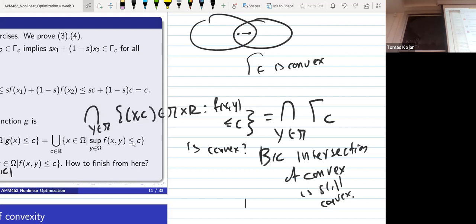So we don't have to worry about global min. Can we do global min with previous week material? No, right? Don't you need convexity to do it?